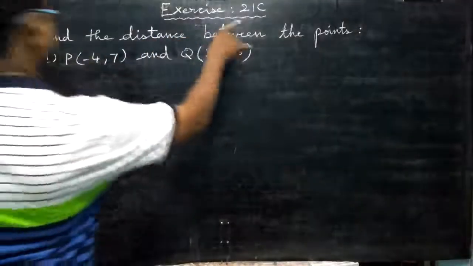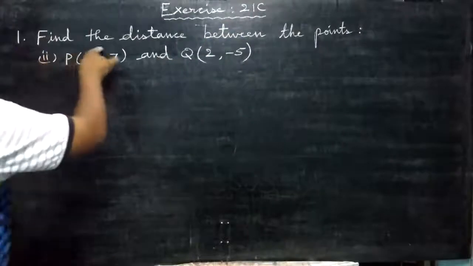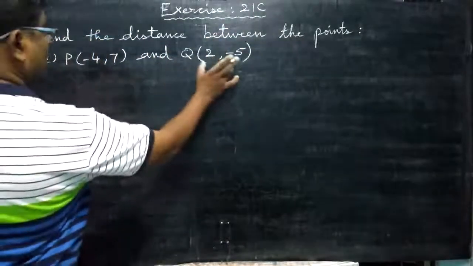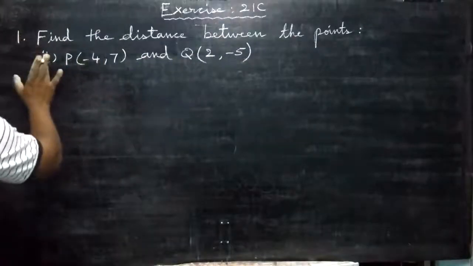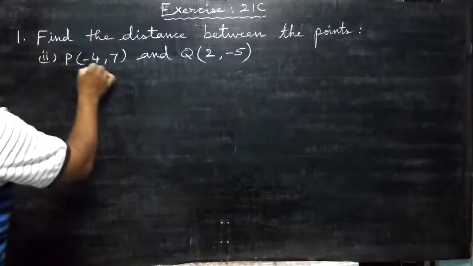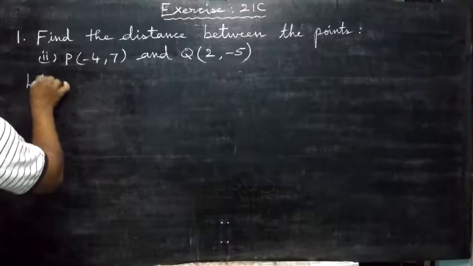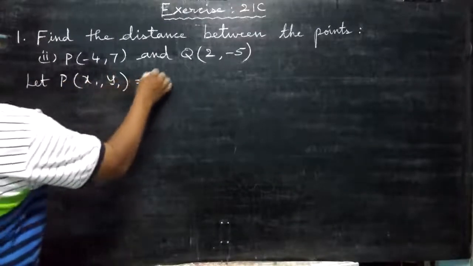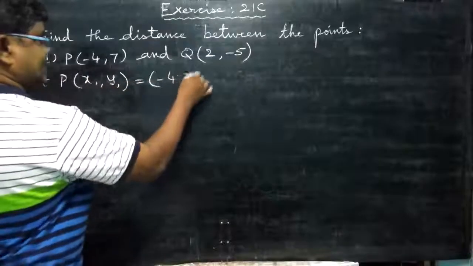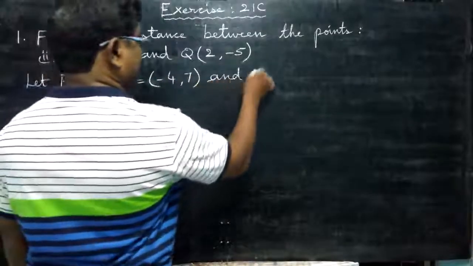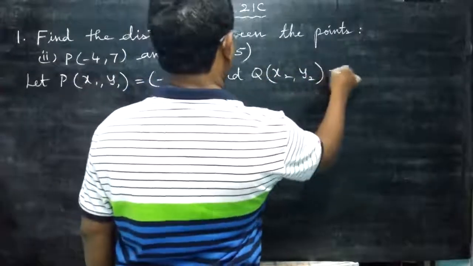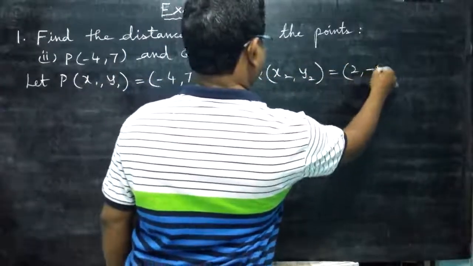Exercise 21C, first problem. Find the distance between the points. How many points have they given? 2 points. In the first problem, second bit I am doing. Let P (x1, y1) be (minus 4, 7) and Q (x2, y2) be (2, minus 5).